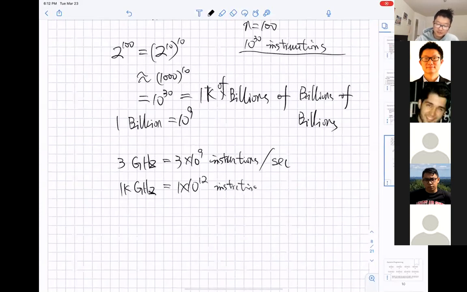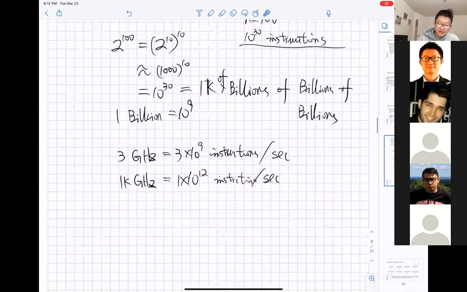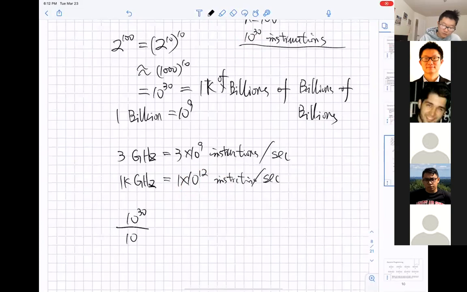This is the most powerful computer in the world at the current stage. If we divide the 10 to the power of 30 instructions by the speed of 10 to the power of 12, we get 10 to the power of 18 seconds.